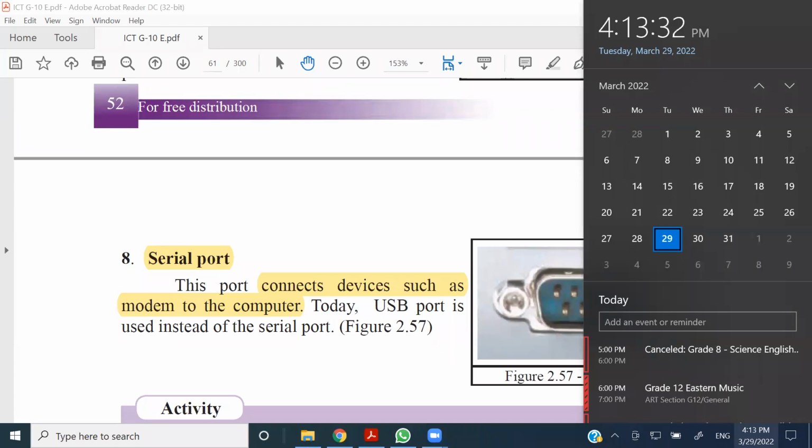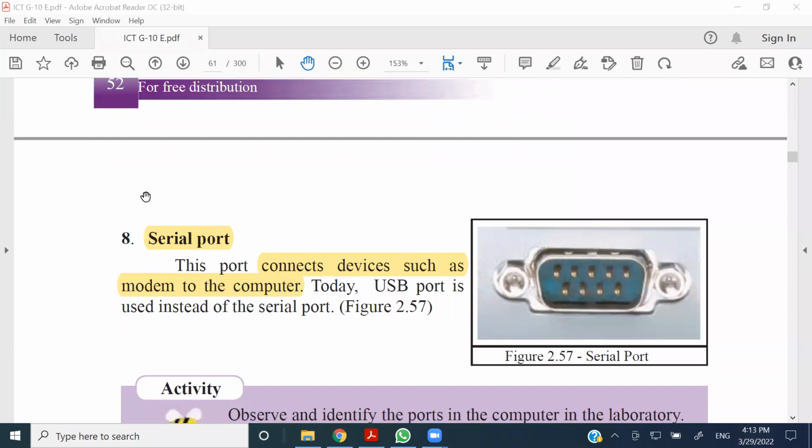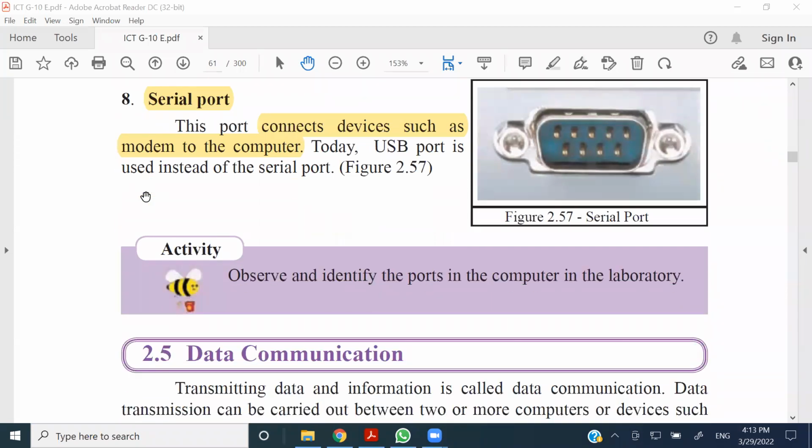Finish. Yes, so we are going forward, people.